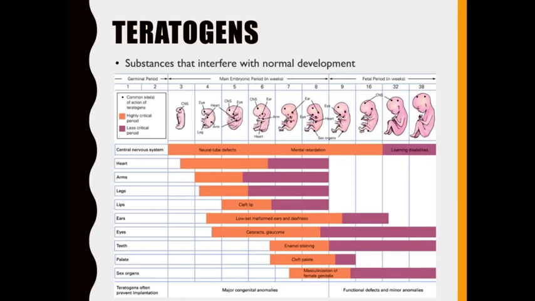So, for example, the central nervous system has a very long critical period. The central nervous system includes the brain and the spinal cord, and there are a lot of things that could go wrong during that phase. During the first 6 weeks after conception, neural tube defects may occur in the presence of certain kinds of teratogens. Neural tube defects are what you might call spina bifida, where you have a spinal cord that is not necessarily surrounded by vertebra.